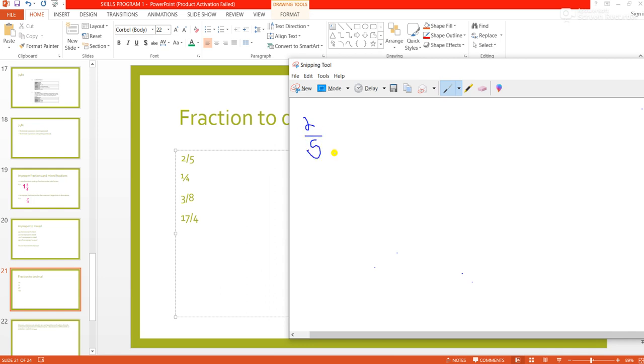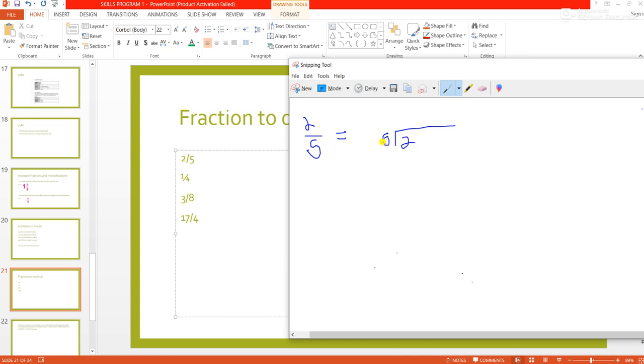So what we need to do is use long division in order for us to convert from fraction to decimal. In our long division method we'll include a 5.